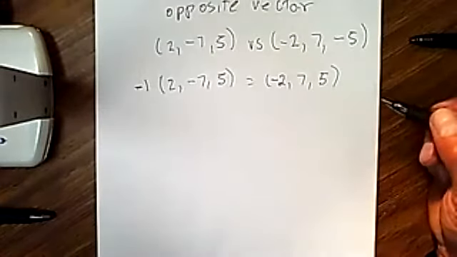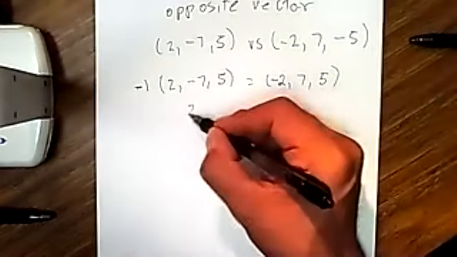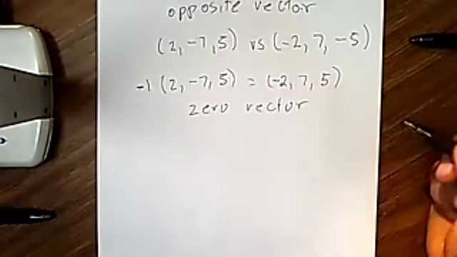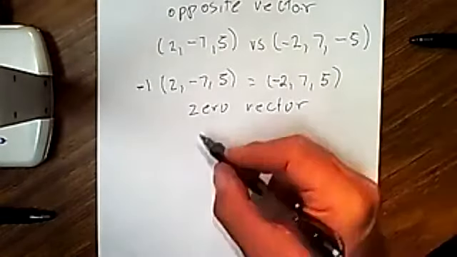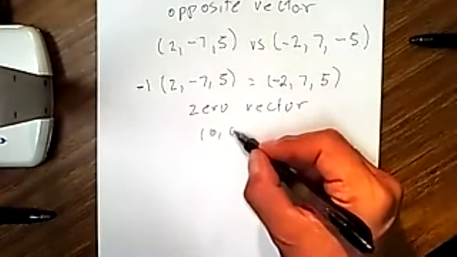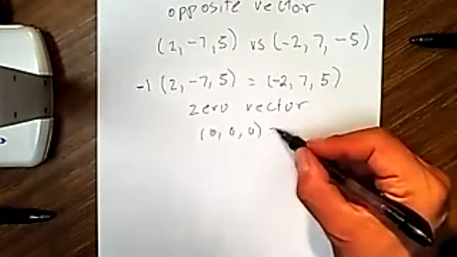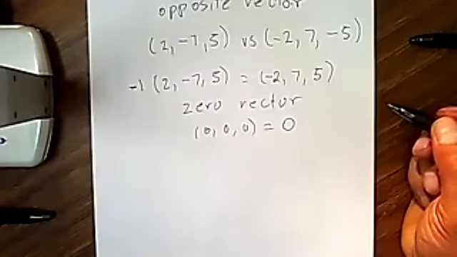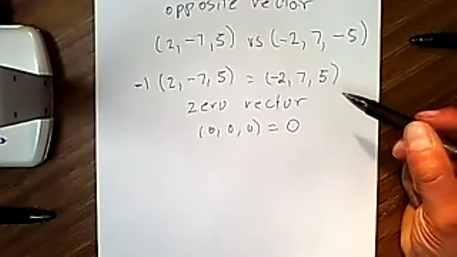We also have the zero vector, which in 3 dimensions is 0, 0, 0, and we oftentimes represent it with a big 0, or a small 0, or just a 0.